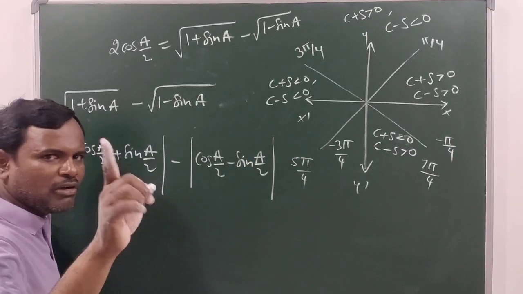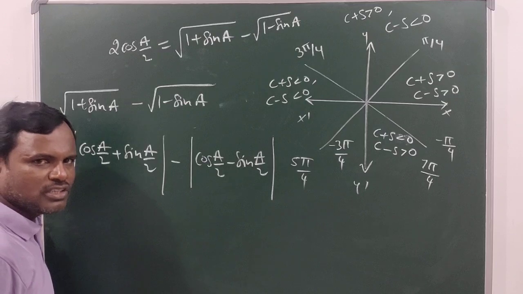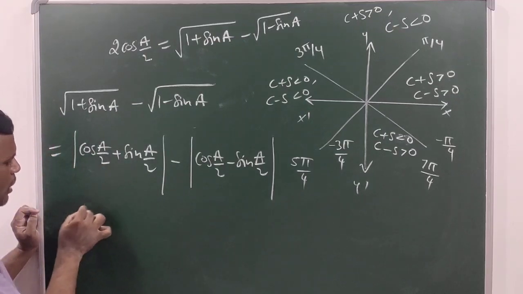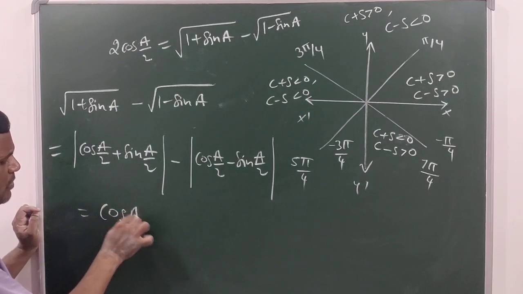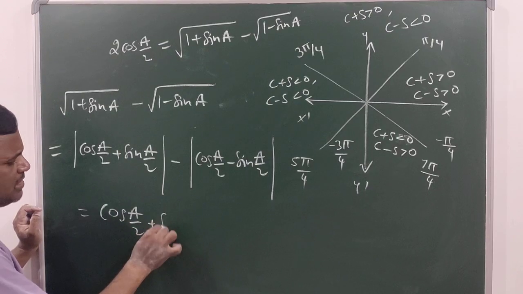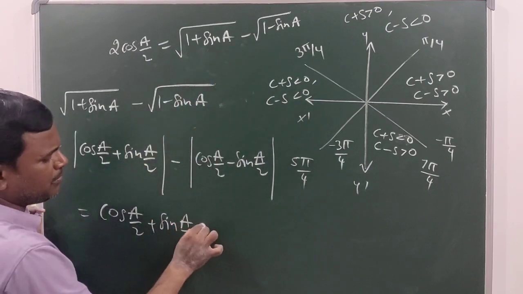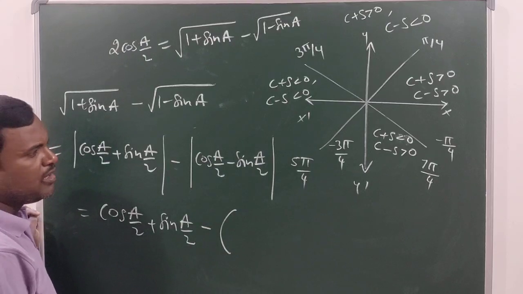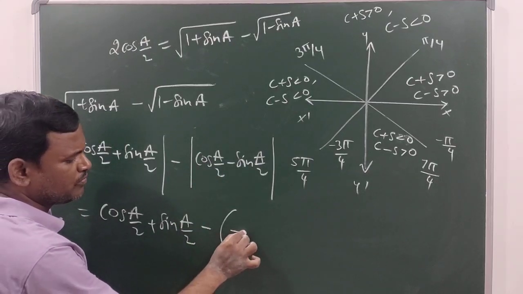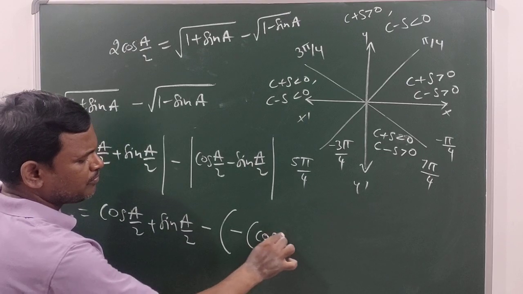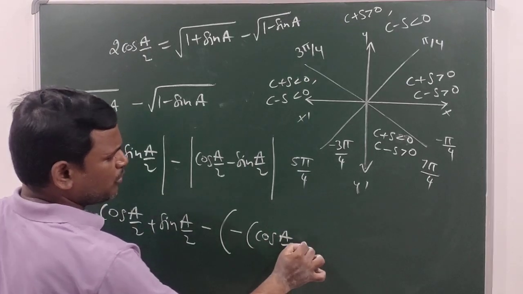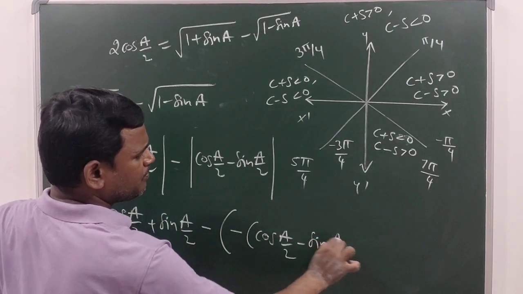Now you have to get the result as 2 cos a by 2, which means here you have to take this as positive, cos a by 2 plus sin a by 2. The middle minus is given in the problem. Now it should be negative, cos a by 2 minus sin a by 2.